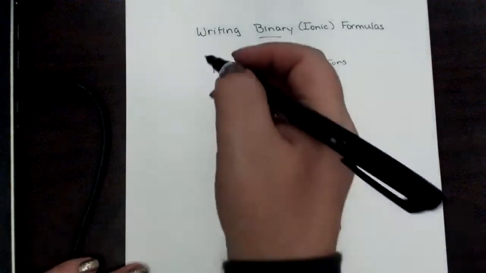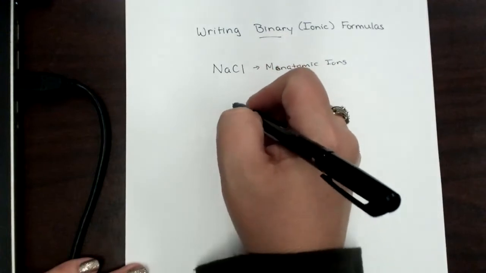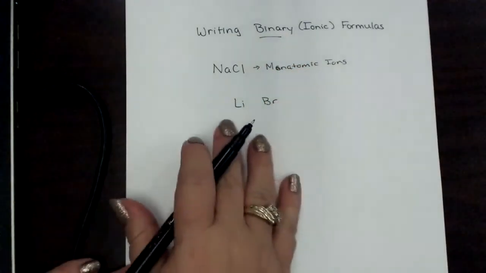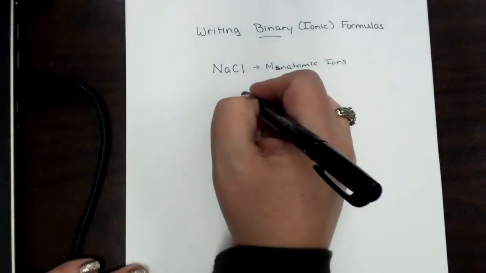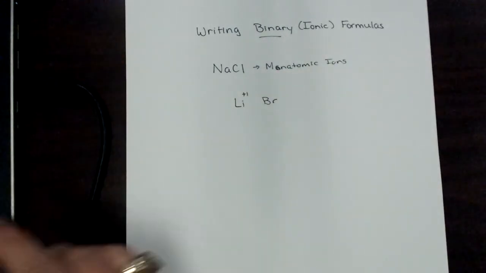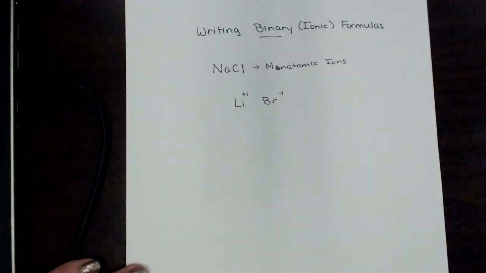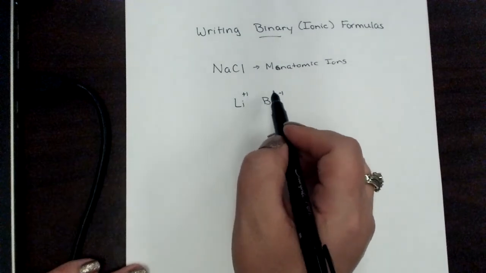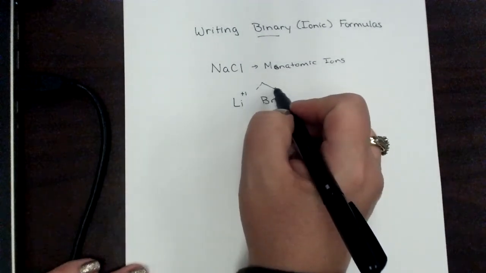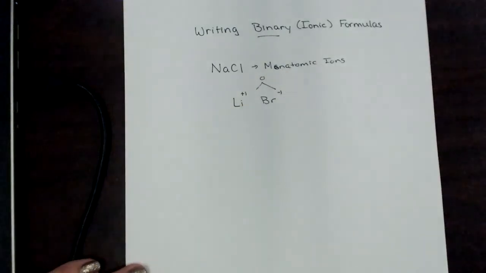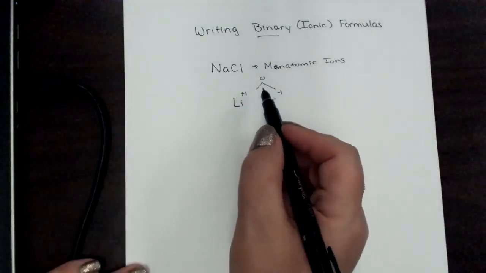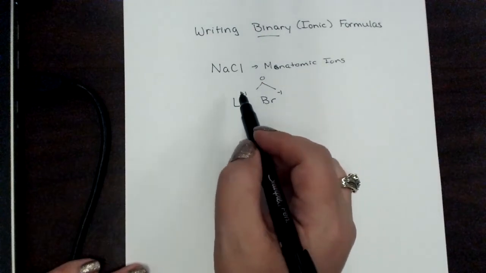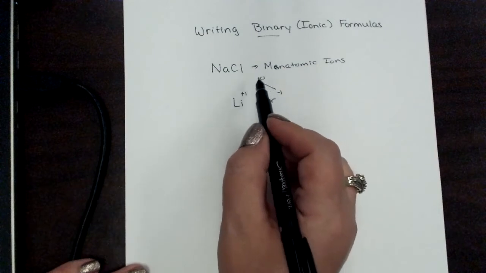So let's look at the first one that I want to work with you. We're going to do lithium bromide, okay? I'm writing it like this because I want to talk about these as ions. Lithium has a +1 charge and bromide has a -1 charge. When we're writing a binary compound, we're trying to balance these two charges out to 0. When you see subscripts in a chemical formula, those subscripts have been added so that you can balance out these charges to 0.